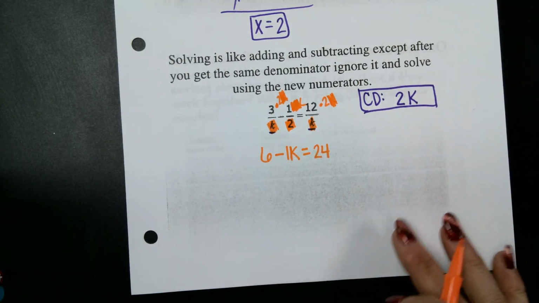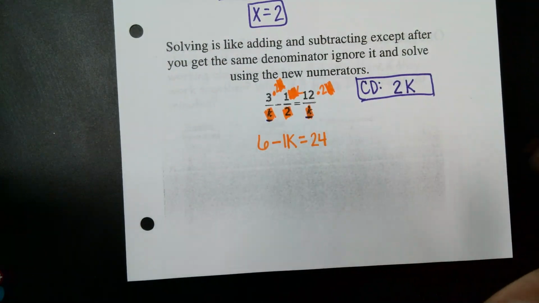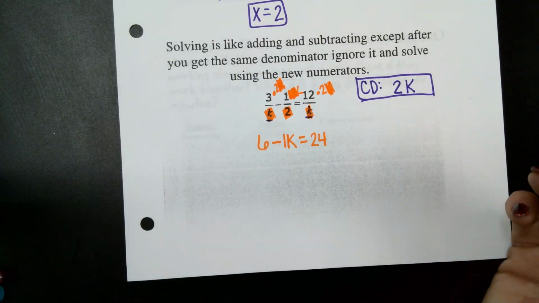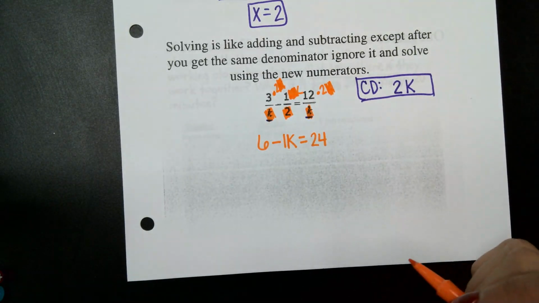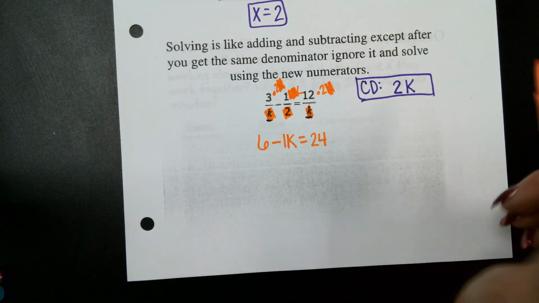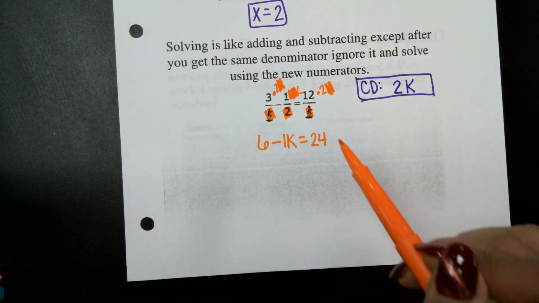Huh? It's okay. All right, now look at that. Look at how simple this has become in comparison to how it started. Okay, so clearing the denominator is finding the common denominator and then multiplying every numerator by that denominator. And what should happen is something up top should always cancel out the bottom.